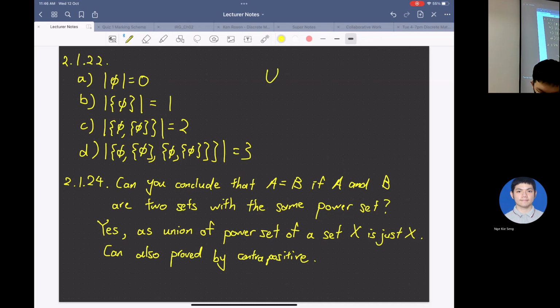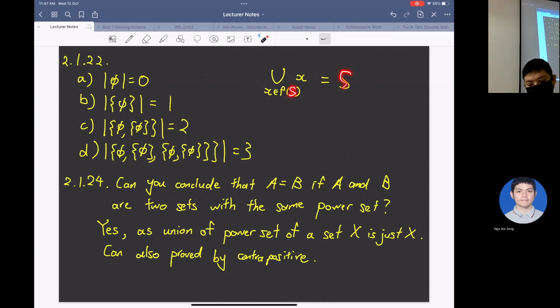The union of X such that X is in the power set of S. So you take the union of all the sets inside the power set.